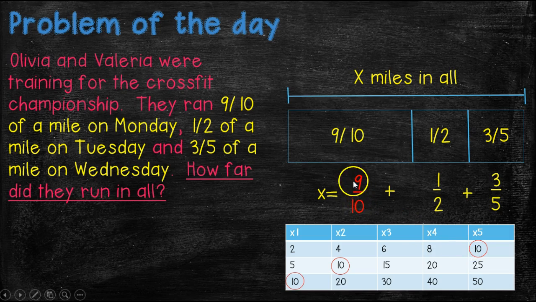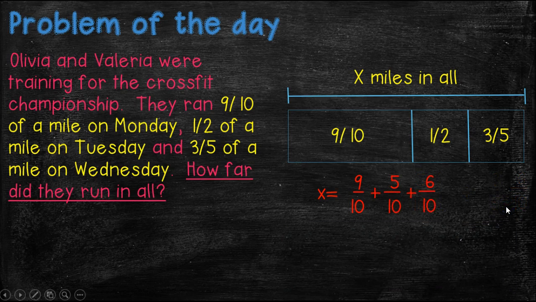So we're going to keep 9/10 because that already has a 10. And then we're going to have to change the 2 and the 5 to 10 and also rename the numerators while we're at it. So here, this would be 5/10, and here, this would be 6/10. So our new equation is x equals 9/10 plus 5/10 plus 6/10.